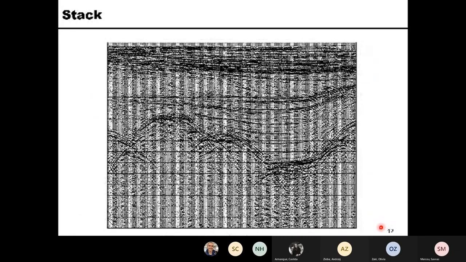Right, now, we saw this stack section. There are some data structures which are not geologically meaningful. For example, the bow ties, diffractions, right? Or maybe these dipping events. You know, after migration, what does it look like?